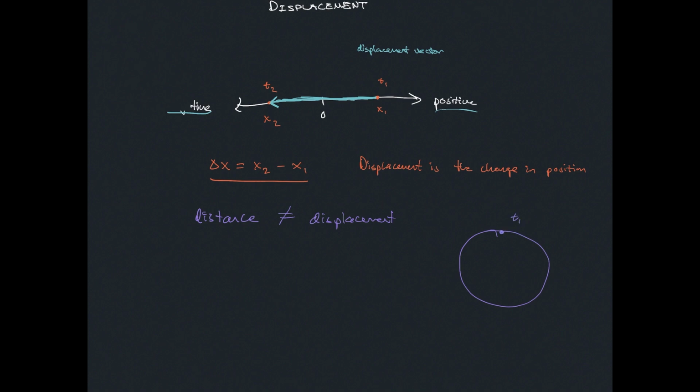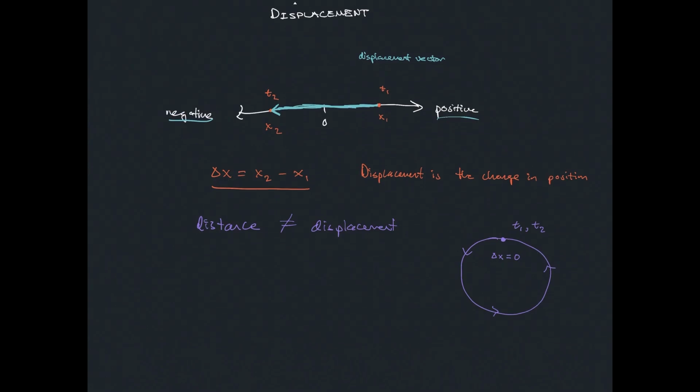And let's say at time t1, an object is over here near the top of the circle, and it makes its way down in this counterclockwise direction back to its original spot at time t2. So, okay, the displacement is the change in position, but the position hasn't changed at all. That means that delta x is literally 0.